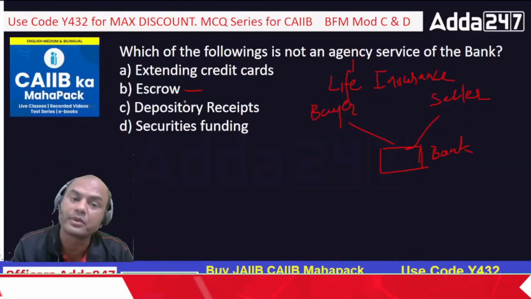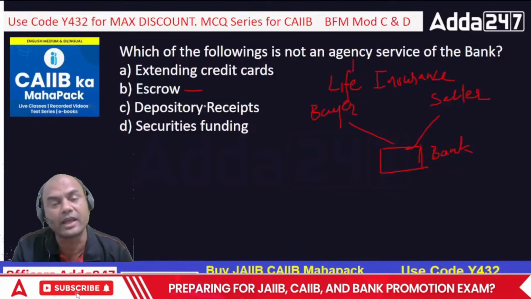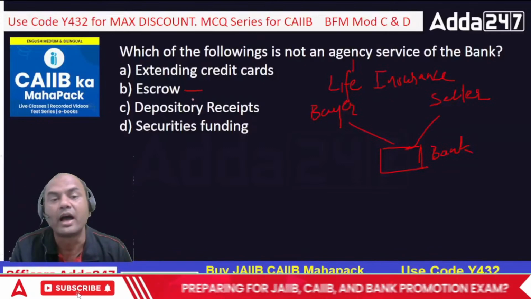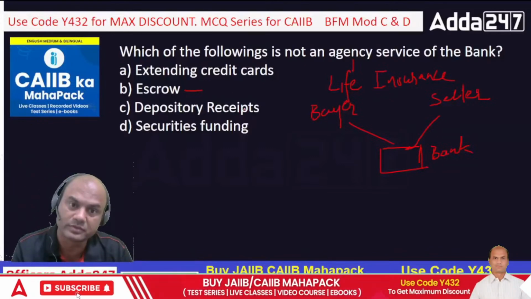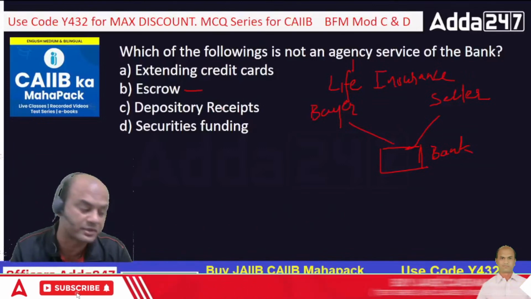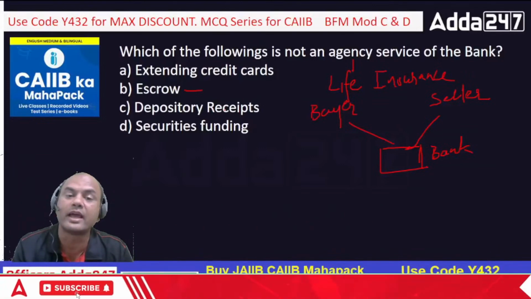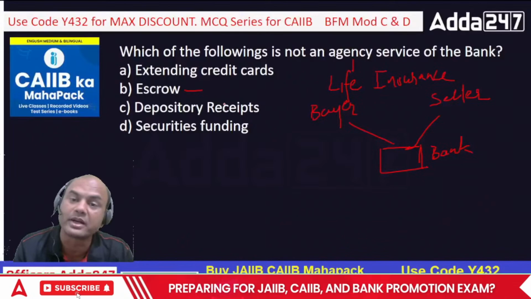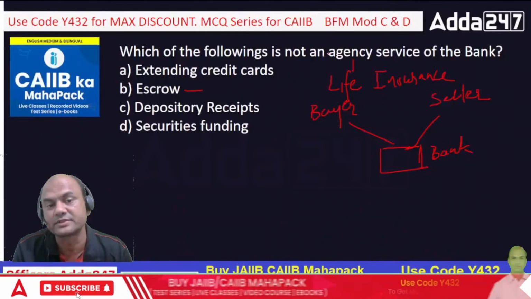IPOs can be for shares, for bonds, and for depository receipts also. In that case, if the bank is acting as an agent for somebody, then agency services do arise.